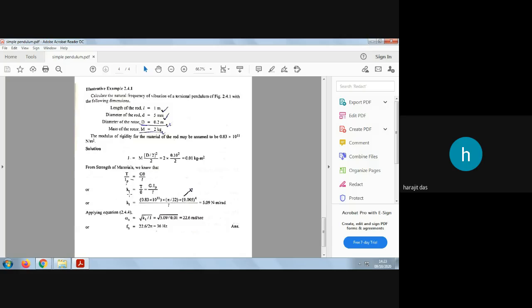The formula is T by J equals tau by R equals G theta by L. All of you can remember this formula from strength of materials. So from here you will be able to find the value of kt.